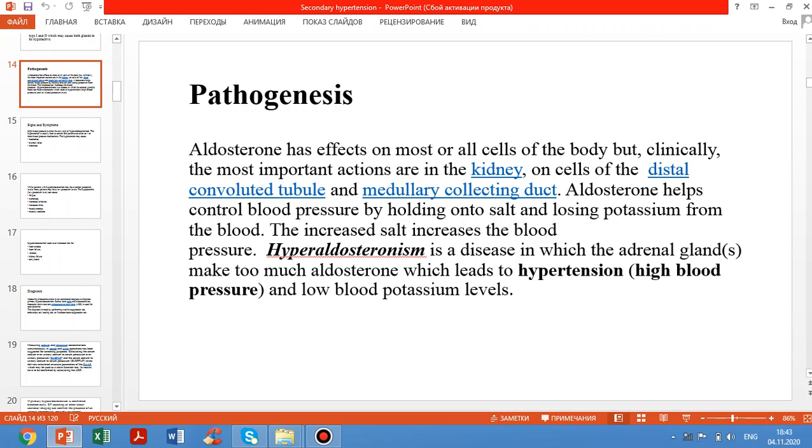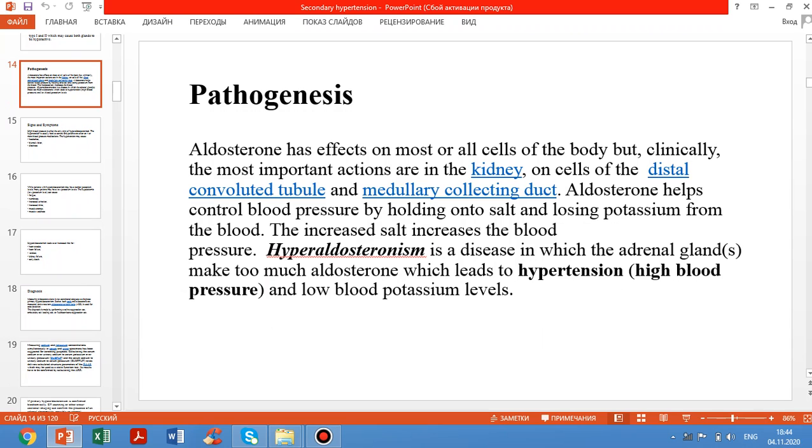Pathogenesis. Aldosterone has effects in most or all cells of the body, but clinically the most important actions are in the kidney, on cells of the distal convoluted tubule and medullary collecting duct.